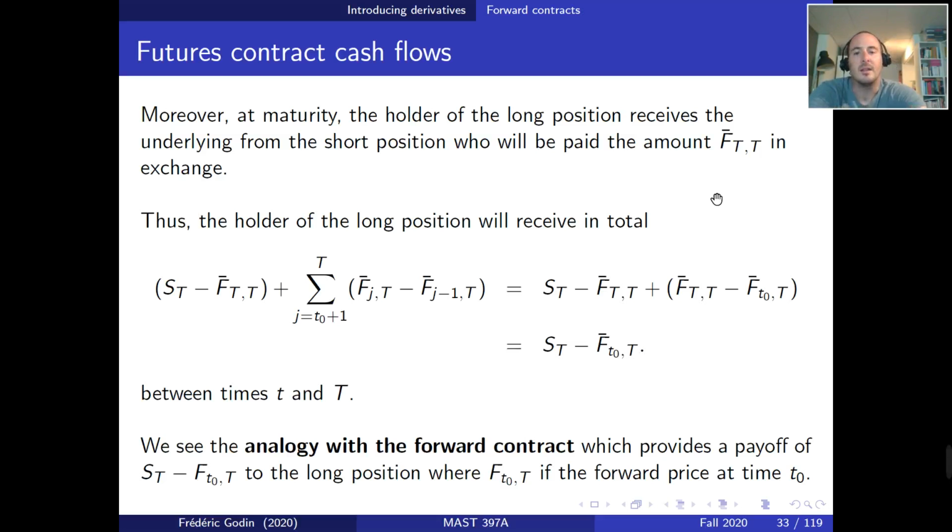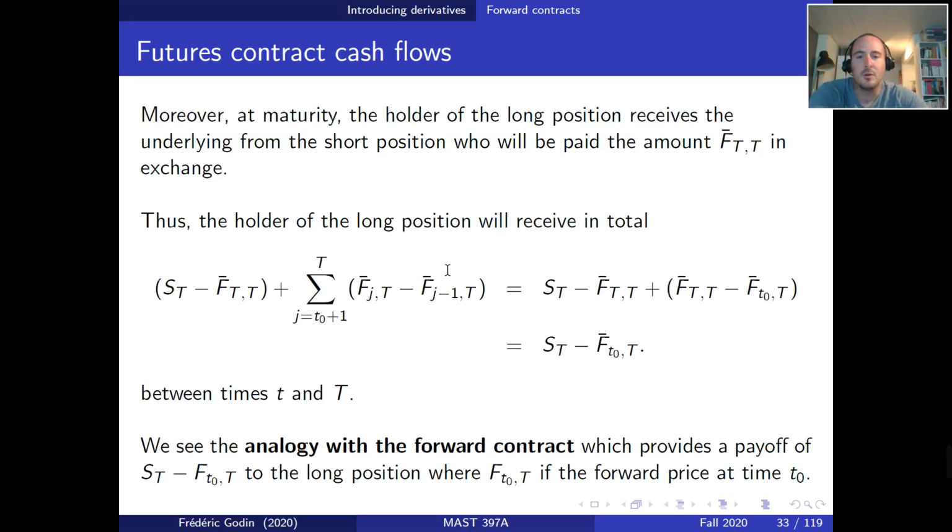In total, if you're the long position, at the maturity you've received the underlying asset and you paid the terminal futures price, plus you receive for all previous time steps the variation between F bar j and F bar j minus 1. So these are cash flows you've received for all previous time steps.